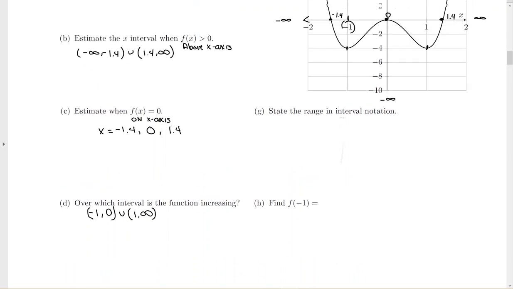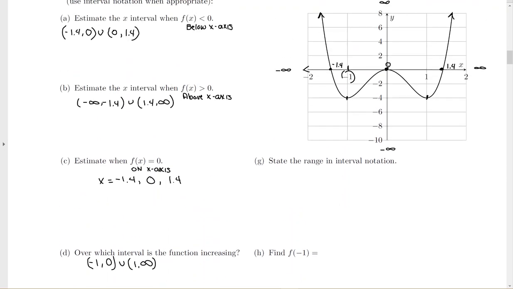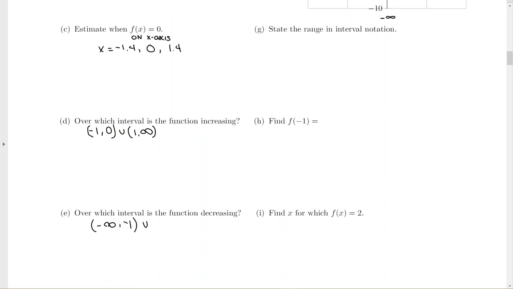And going downhill from 0 to 1. Again, left to right, not bottom to top. Left to right, 0 to 1, we're going downhill. And again, when we talk about increasing and decreasing, we're always using parentheses.